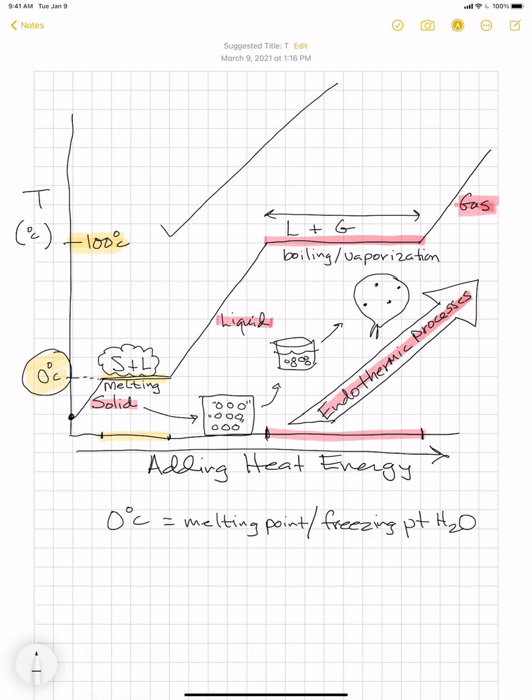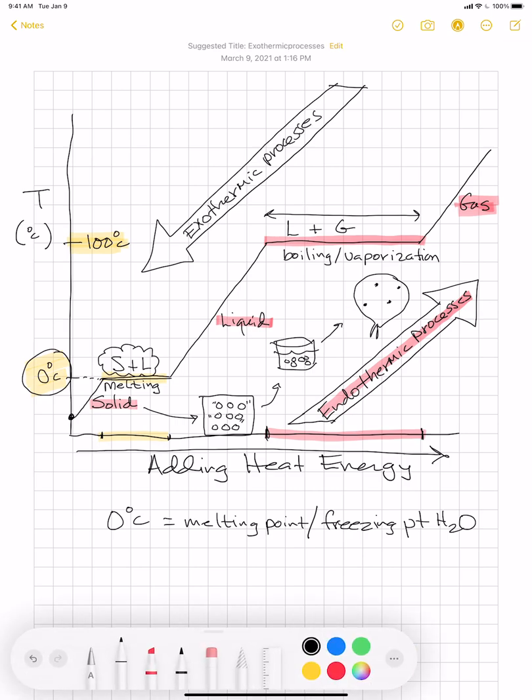Moving in the opposite direction has to be energy coming out. So if endo means in, then the word for out is exo. So these are exothermic processes. Okay, guys? And in these processes, energy is released.